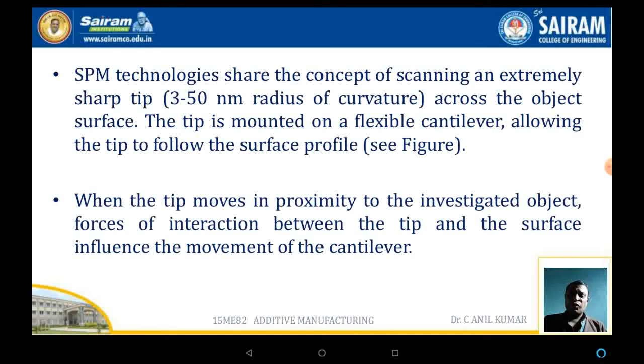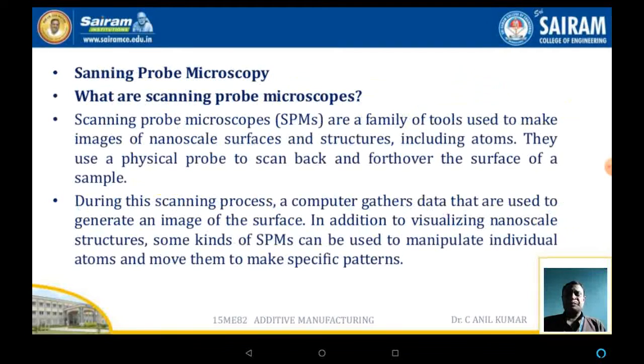The tip is mounted on a flexible cantilever, allowing the tip to follow the surface profile, as shown in the figure that will be discussed in the further slides. When the tip is moved in proximity to the object being investigated, the force of interaction between the tip and the surface influences the movement of the cantilever.